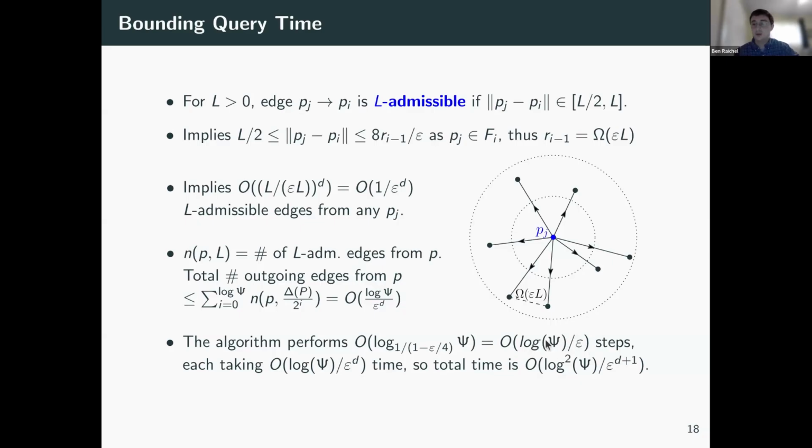So this is the total number of times I can move. And I just told you the cost of a move is log spread over epsilon to the d because, in the worst case, I scan all of my neighbors before I move. So it's the cost per move times the number of moves, and this gives me this log squared over epsilon to the d plus 1 bound, okay? So that bounds my query time.